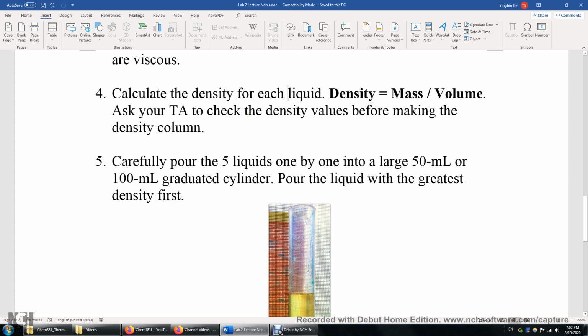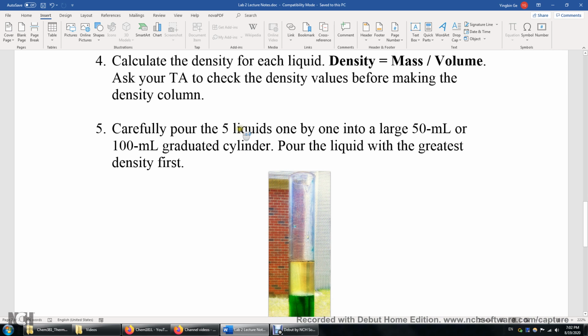This is because we want to pour the liquid with the highest density first into the density column, followed by the second, third, fourth, and the fifth liquid in the order of decreasing density values.